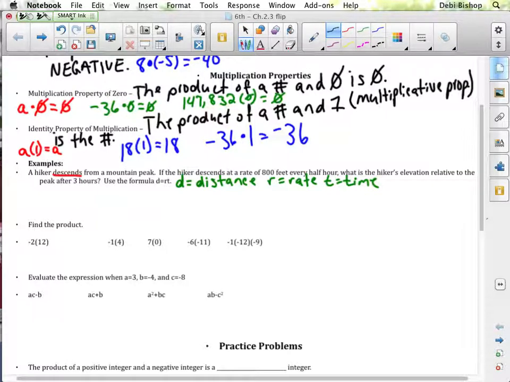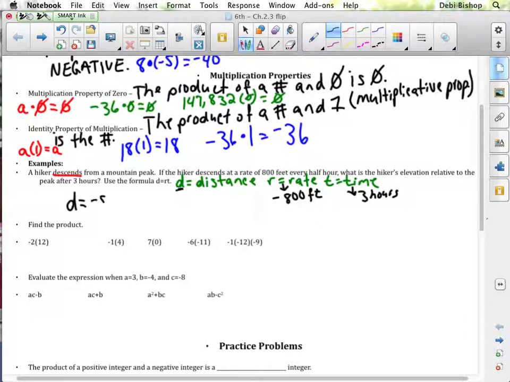So all I do now is figure out, well, D is what we're trying to find, the distance. So I put D equals, and then I plug in. So my rate is, in this case, a negative 800 feet. And my time, then, is 3 hours. And I just plug this in.